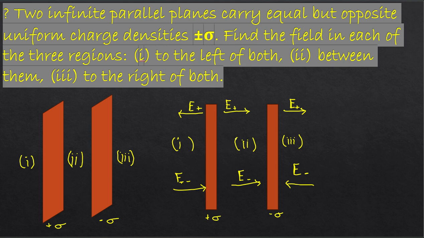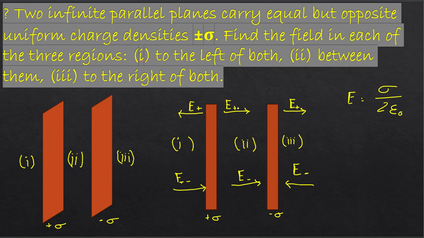In between them, we can see the electric fields are in the same direction, so they add up. We know that due to an infinite plane of uniform charge density sigma, the electric field E is equal to sigma by 2 epsilon 0.